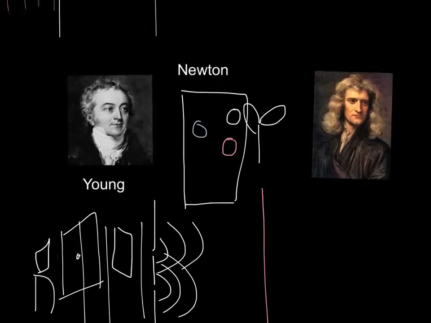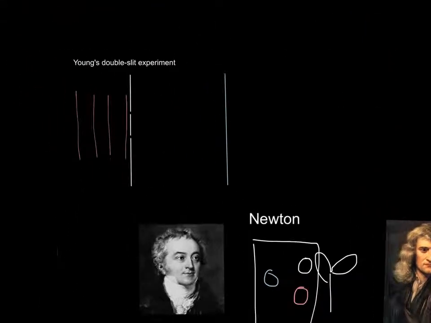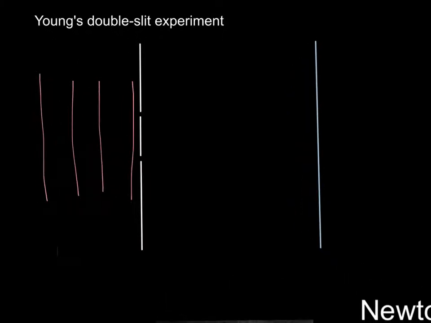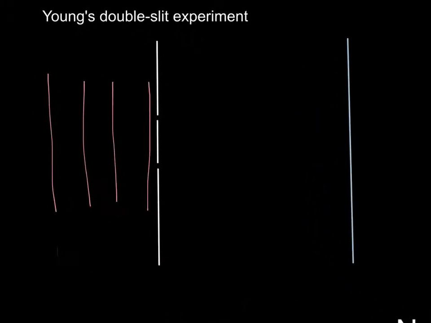So what I'm going to do is show you a little diagram of his experiment, and we're going to try to deduce what one is supposed to observe on the screen. And it is not going to be easy. So again, we assume that we have some plane waves coming here, which means we have a source of light that's very, very far away, so that the wavefronts are pretty much parallel to the screen.